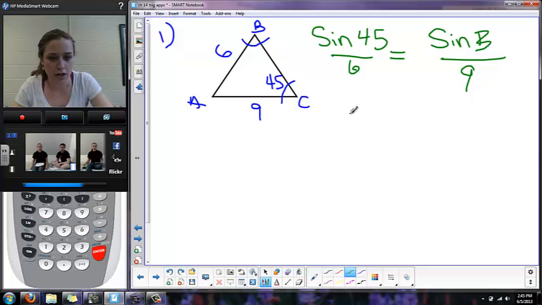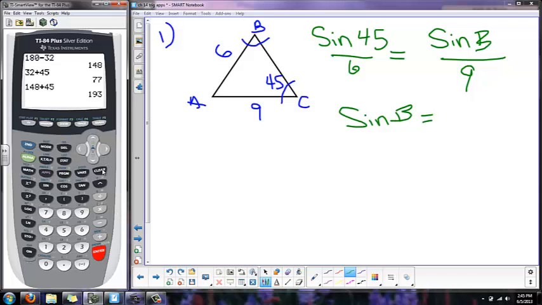Okay, so I'm going to cross multiply and get sine of B by itself. If you want to keep writing out the cross multiplication, that's perfectly fine. But I'm going to do sine of 45 times 9 and then it would be 6 times the sine of B, and then I would have to divide by 6.